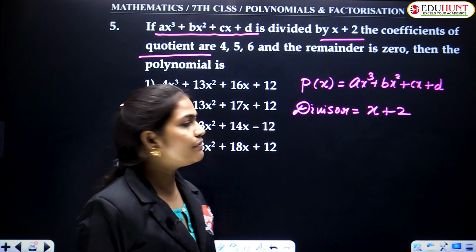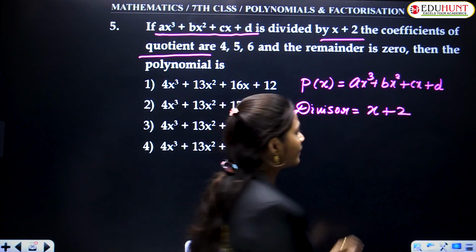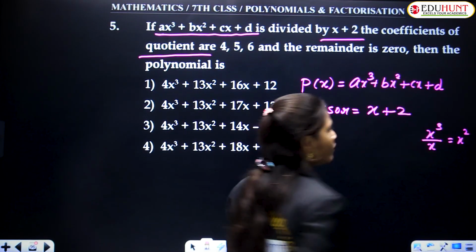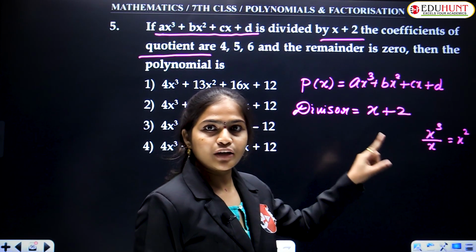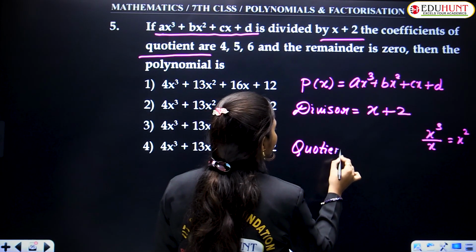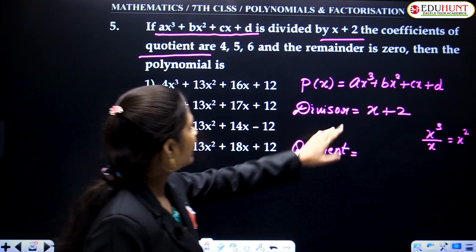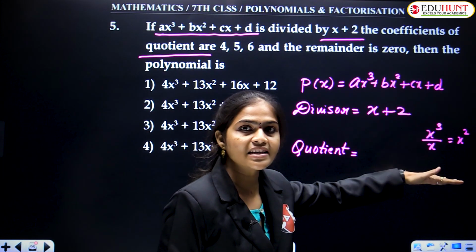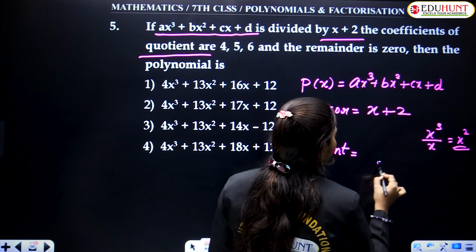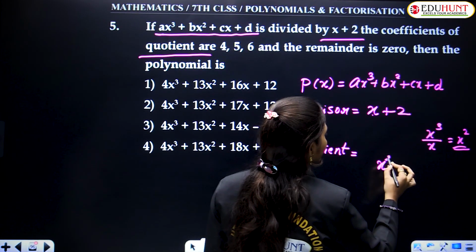So children, when you observe this, x cube divided by x, the quotient is x square only, no? So here they said the coefficients of the quotient, so first we can write the general form. The first term is x square, because x cube divided by x gives x square.